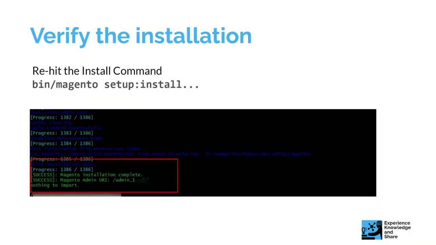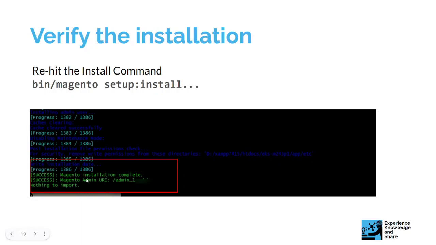Okay. So once we have updated our code in the vendor, or by using the patch, on Windows only obviously, please don't push this code to the server. Then run the installation command again. Once you hit that, all the modules will be executed, like 1300 plus modules, and you will get the success message: Magento installation complete.